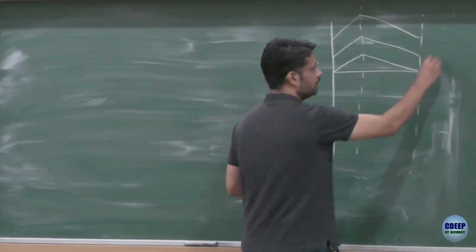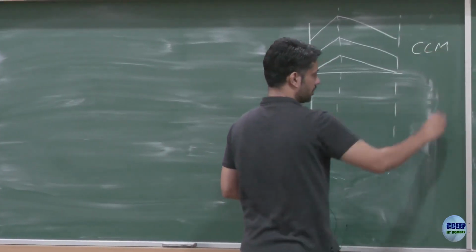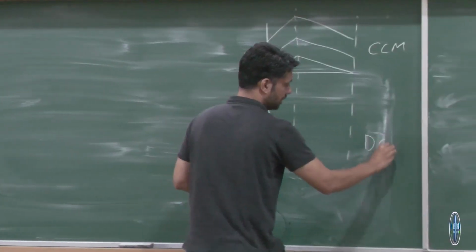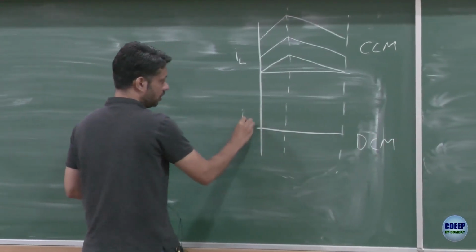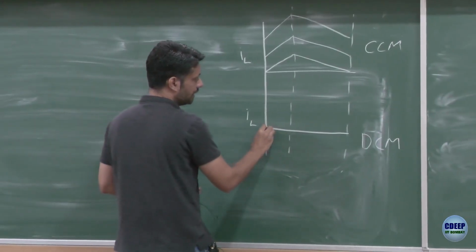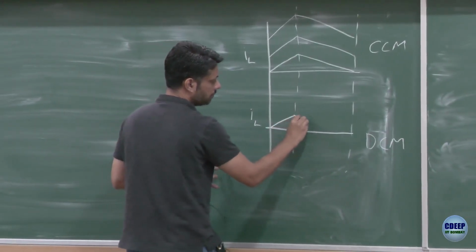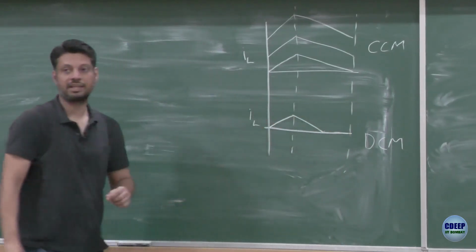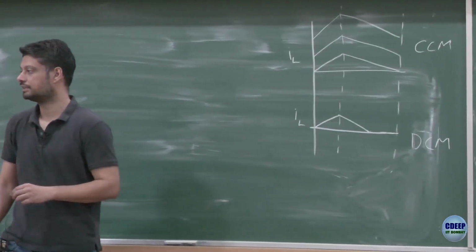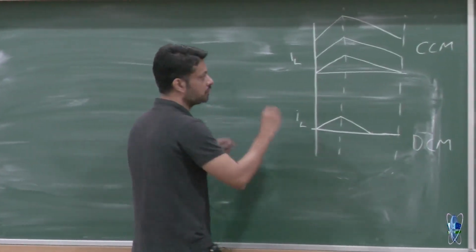So these are CCM, continuous conduction mode. Beyond this, it goes into discontinuous conduction mode, wherein your inductor waveform may look something like this. It may come to 0 before the completion of the cycle, before Ts, and then it may remain at 0. This is what we saw last time.